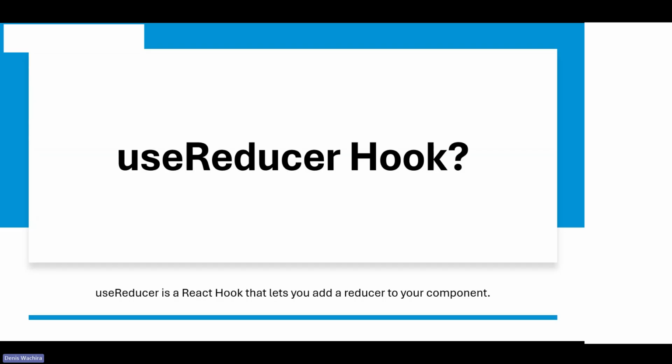If you have ever worked with Redux, it's like a lite version of Redux, but it's built in React. This helps organize your logic, especially when you have many state transitions. These transitions are now the dispatch actions you have in that hook or the component.